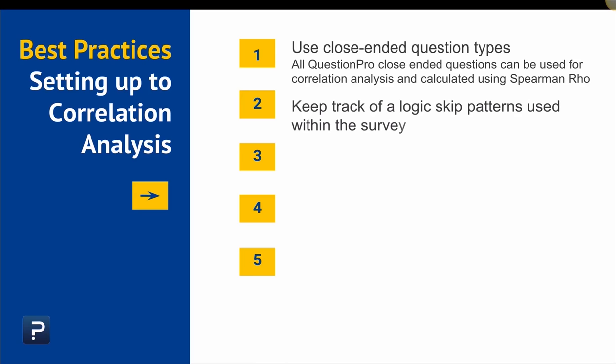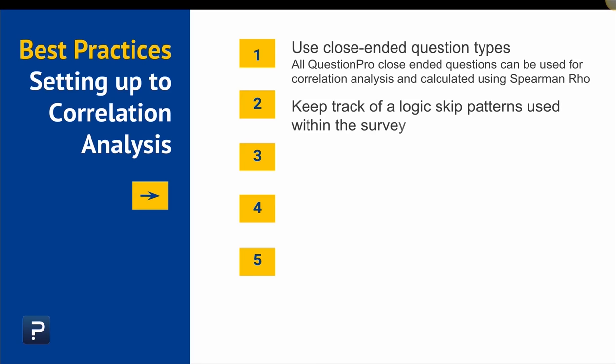The second thing is to keep track of any logic skip patterns used within the survey, because when you are doing correlation analysis between different questions and you're looking at the response numbers and types, it really is dependent on how many people actually answered the question and what type of people answered it. And it would be based off of the logic skip patterns that you have along the way.